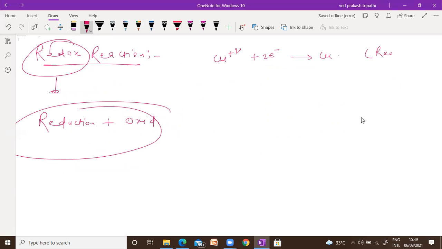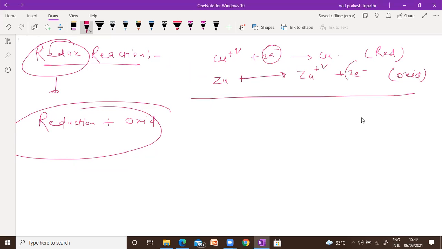You can say this is reduction. Why? Because it is gaining electrons as well as decreasing in oxidation number. And there is another reaction, zinc. Zinc will convert into zinc +2 by losing 2 electrons. So this is oxidation. And when I add these two reactions, here 2 electrons, here 2 electrons, both will cancel out. And this should be copper +2 plus zinc, which is equal to copper plus zinc +2.